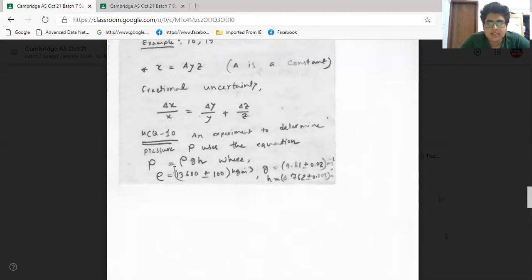Now, the given value for rho, density, is 13,600. Then uncertainty in it is plus minus 100. Then for acceleration due to gravity, we have 9.81, and the uncertainty in g is 0.02.